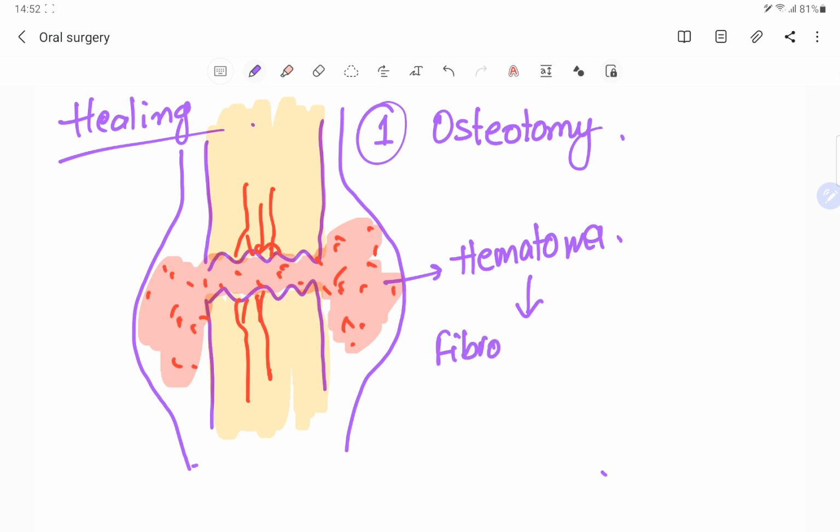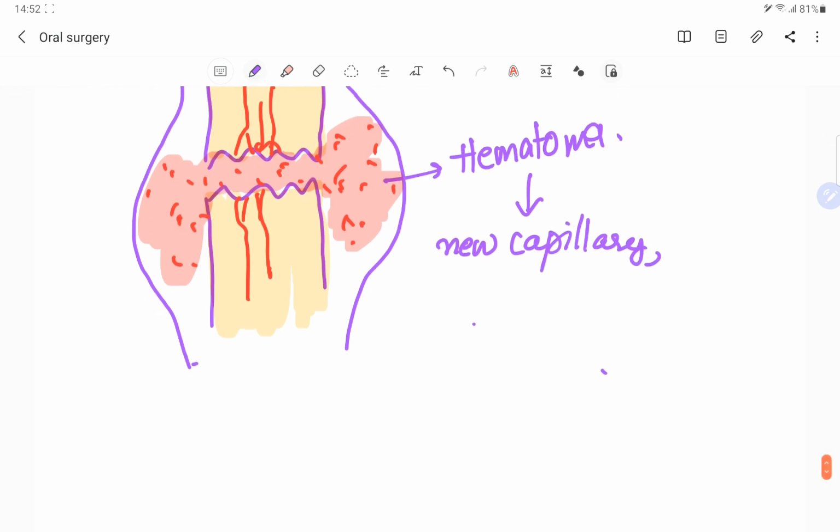First of all, there is new capillary. So let me just write, there are new blood vessels, new capillaries which are formed, which is filled with the new blood.